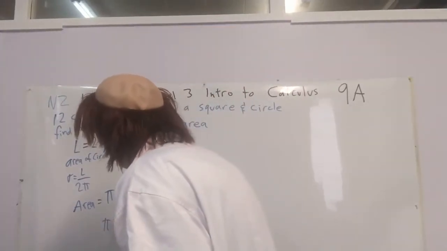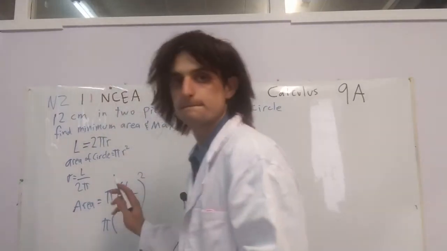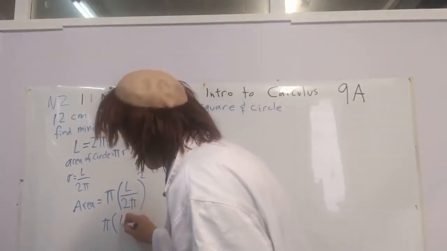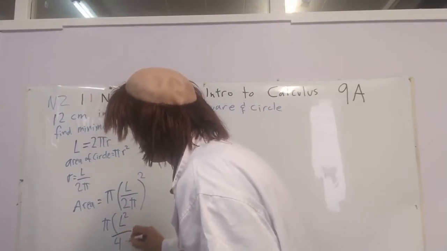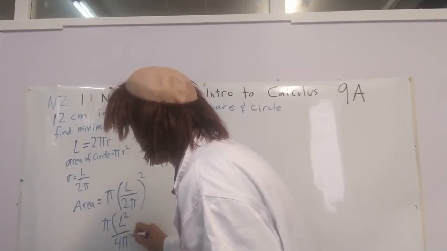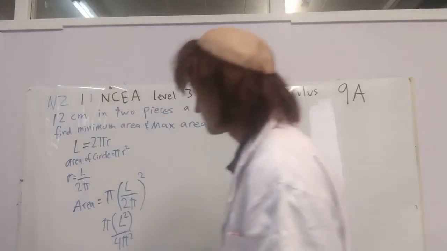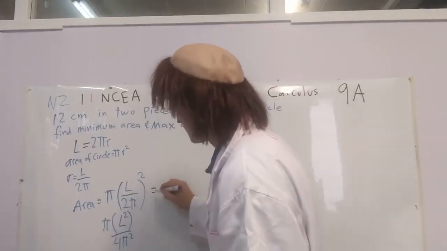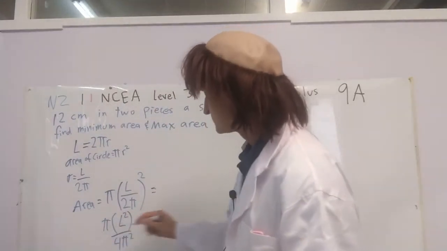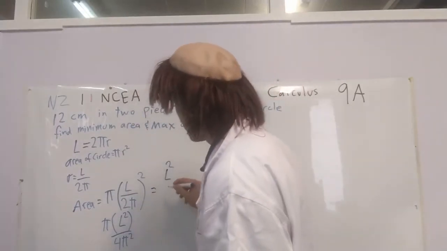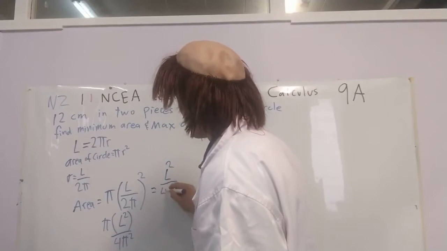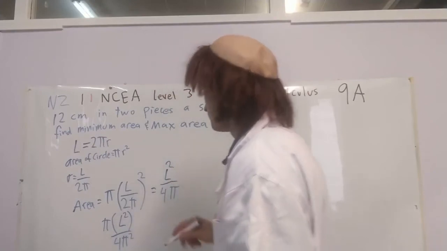That means pi times L squared over 4 pi squared. These pi's cancel and we're left with L squared divided by 4 pi.